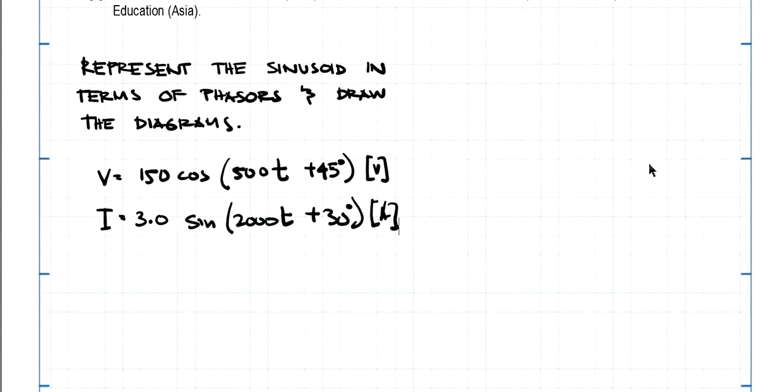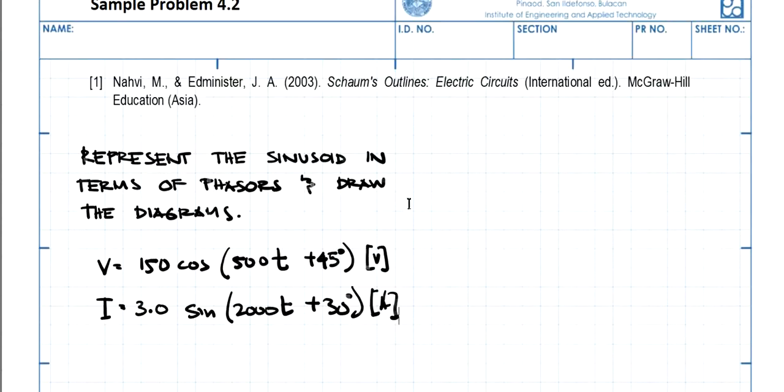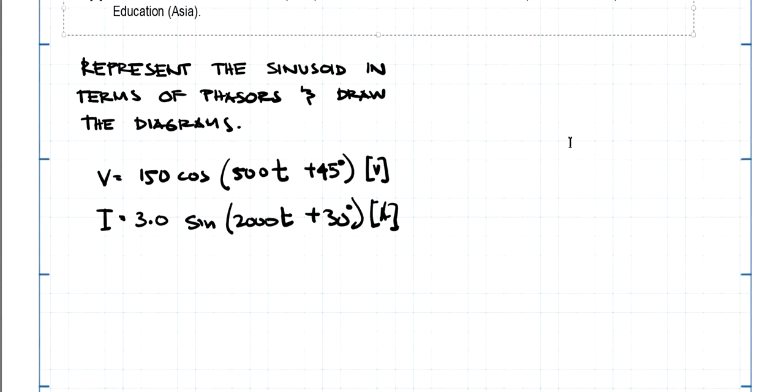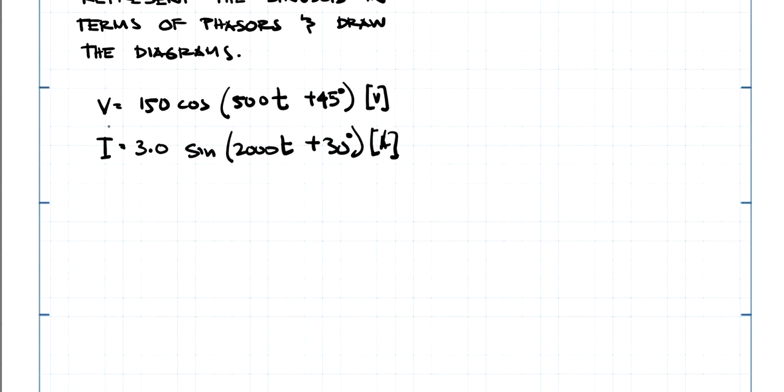Okay, so now let's do a sample problem, from another one of our reference texts, Schaum's Outline of Electric Circuits from these authors. It says here, represent the sinusoid in terms of phasors and draw the diagrams. We have two sinusoids: the voltage, and this is the function in terms of voltage, and then the current in terms of this function.